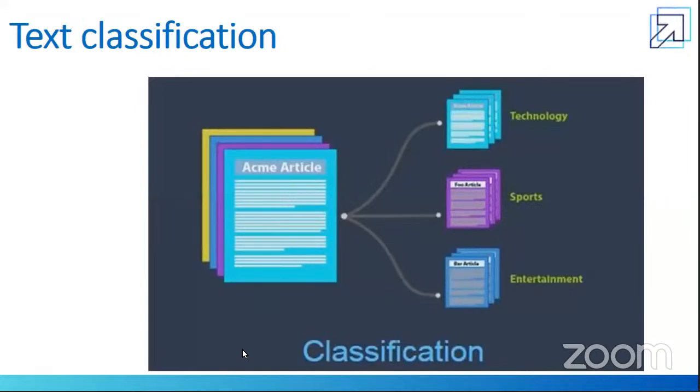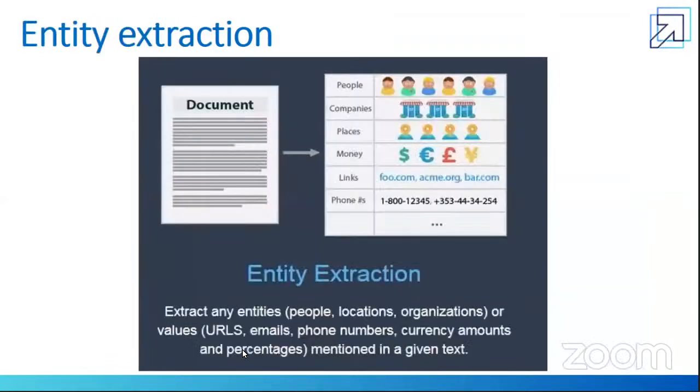For example, news articles can be organized by topic, support tickets by urgency, chat conversations by language, brand mentions by sentiment, and so on. There are so many applications for text classification.